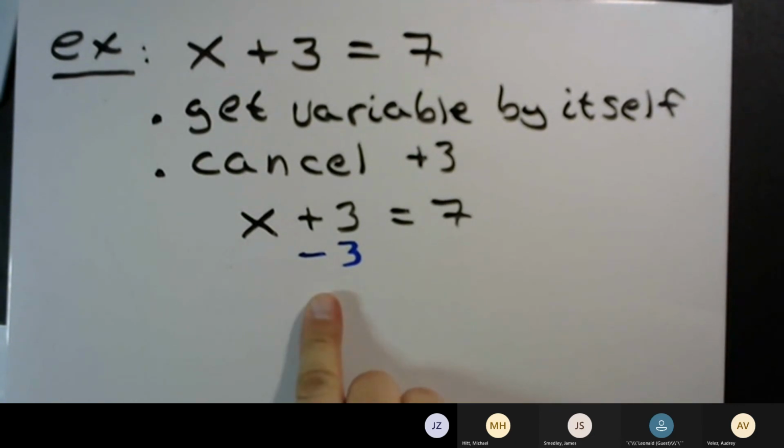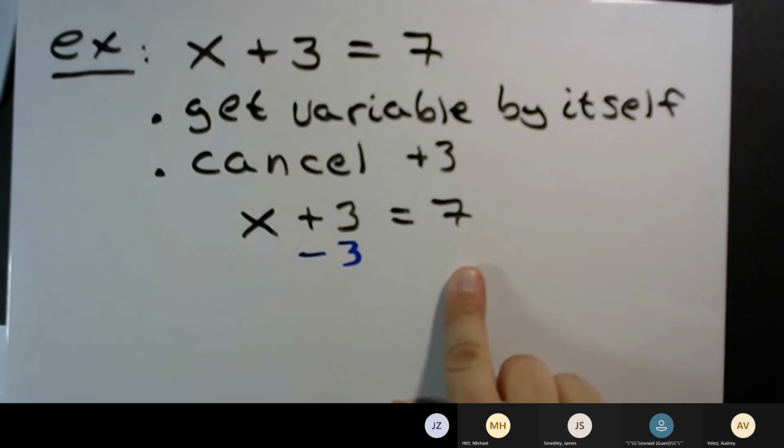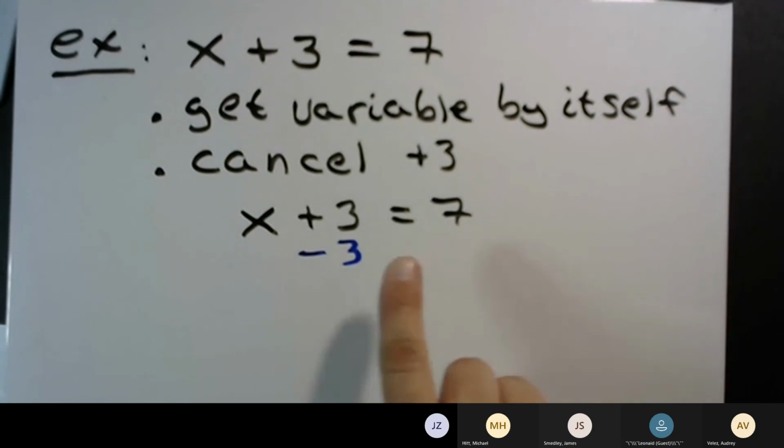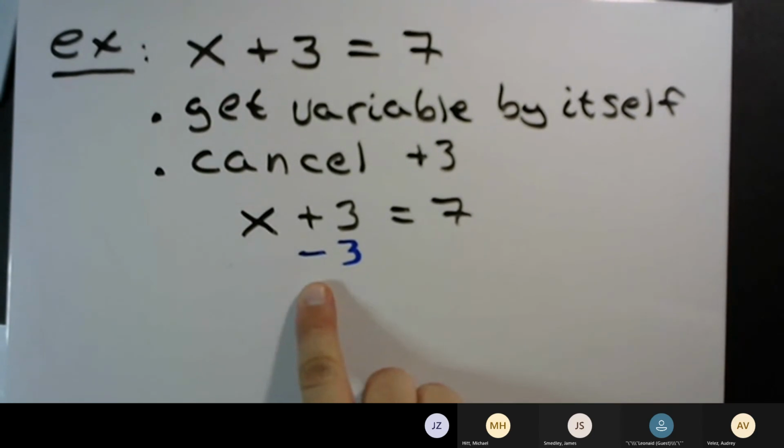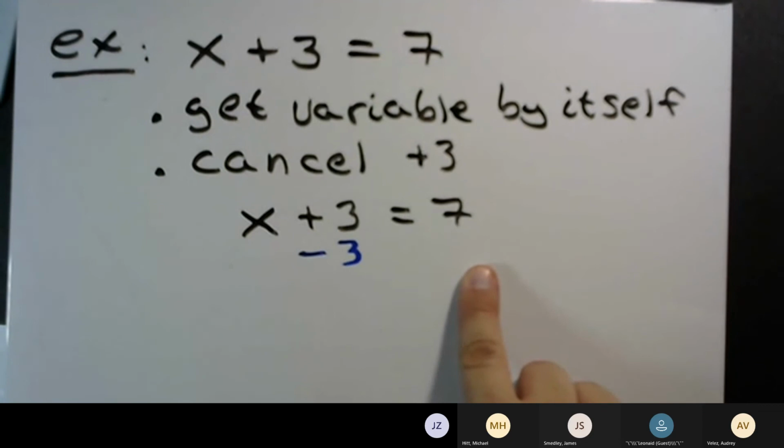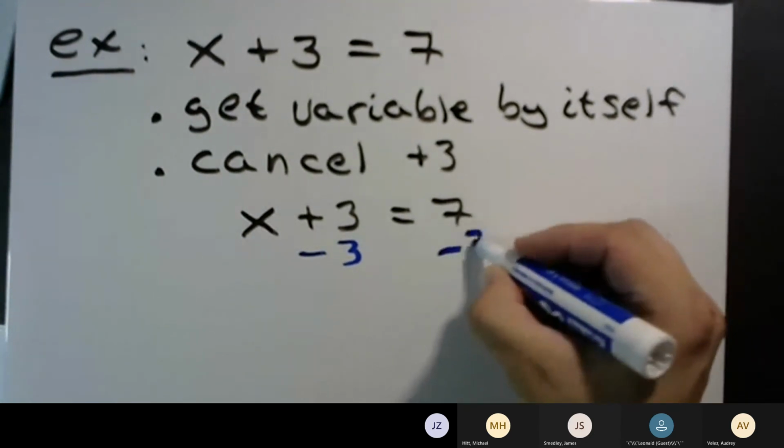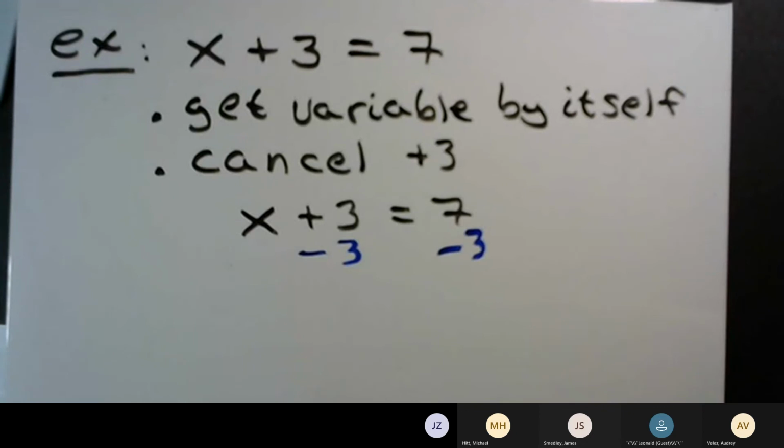Now here's the thing though. What we do to one side, we have to do to the other, just like with the scales. If I remove 2 pounds on this side, I have to remove 2 pounds on this side to keep things balanced. So that's a key thing.